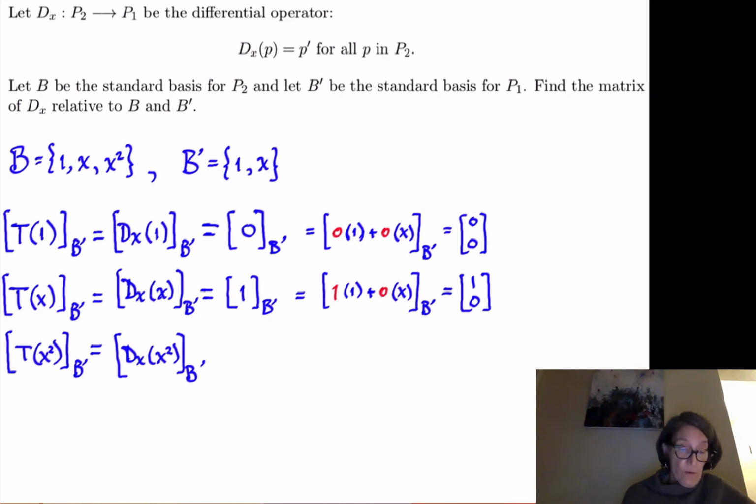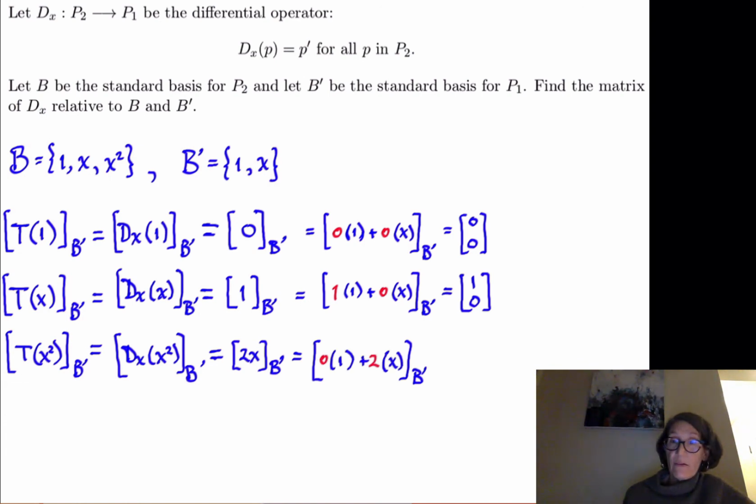So the third one, the derivative of x squared, is 2x, but we need to find the coordinate vector relative to B prime. So we rewrite 2x as a linear combination of 1 and x. So 2x is 0 times 1 plus 2 times x.